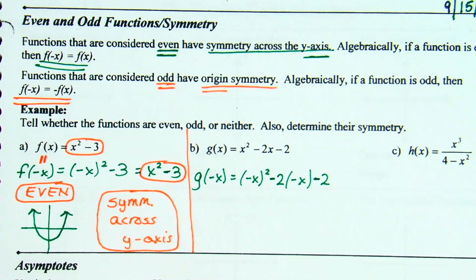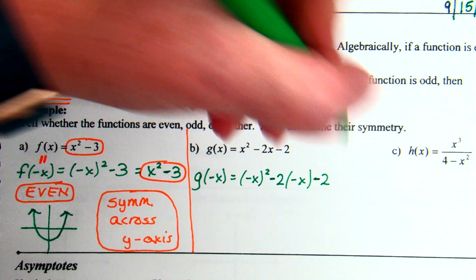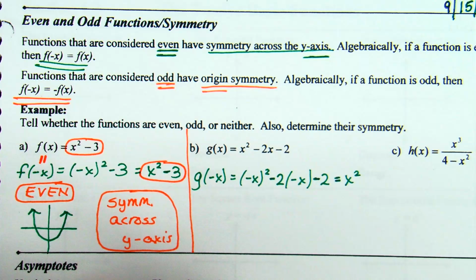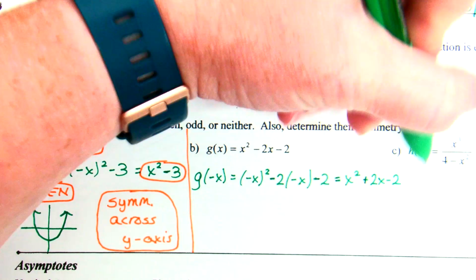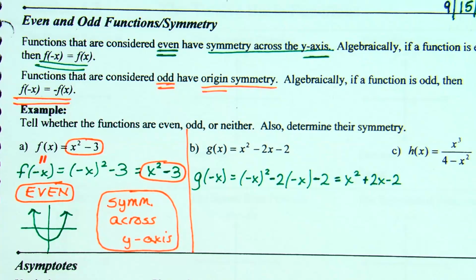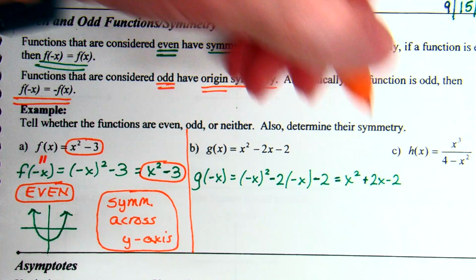What is negative x raised to the second? Positive x squared. Minus 2 times negative x is going to become plus 2x, and then we still have a minus 2. Okay, so I just got x squared plus 2x minus 2.